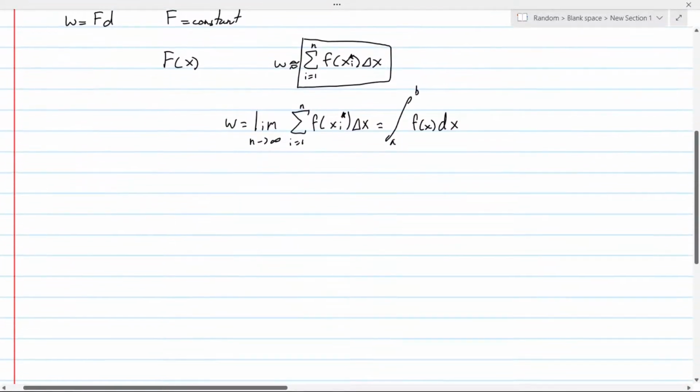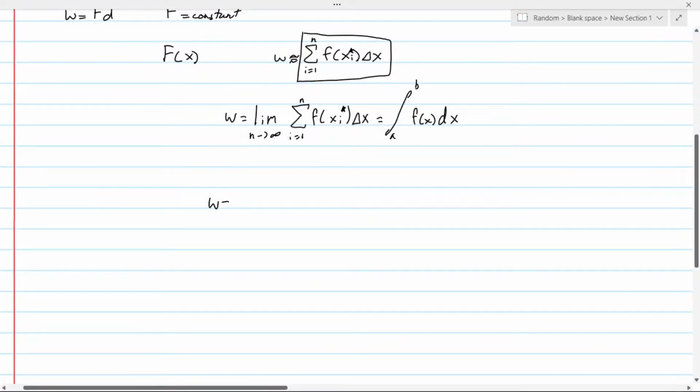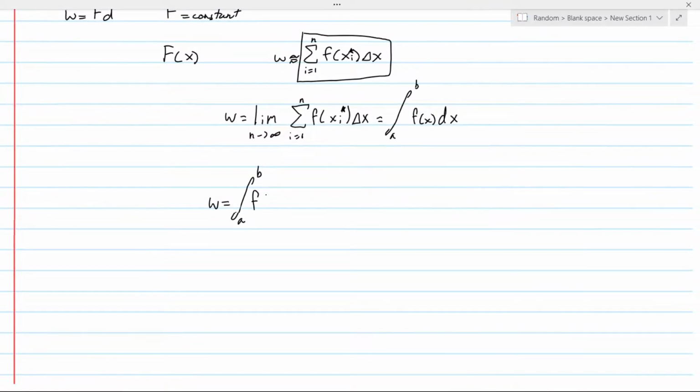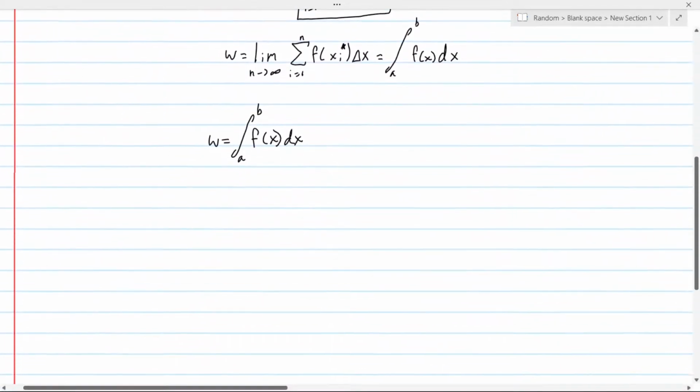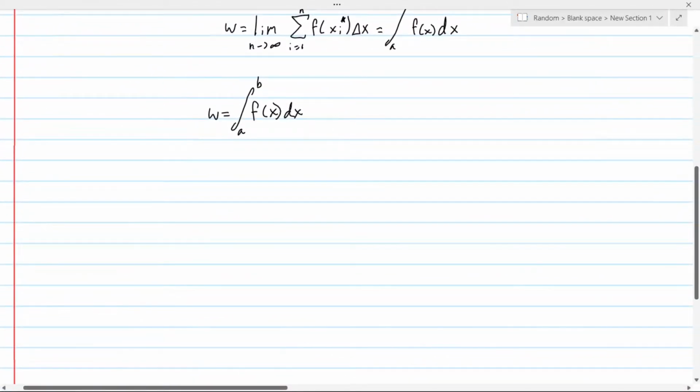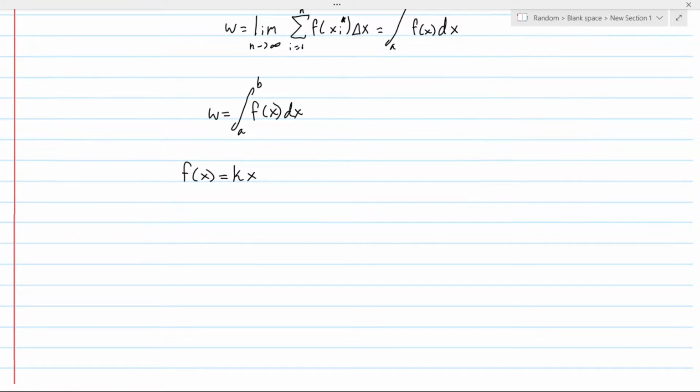Okay, now that we know that work can be written as a definite integral, we are now prepared to deal with more challenging problems. For a simple example, Hooke's law says that the force to pull on a spring is equal to some spring constant times the displacement.